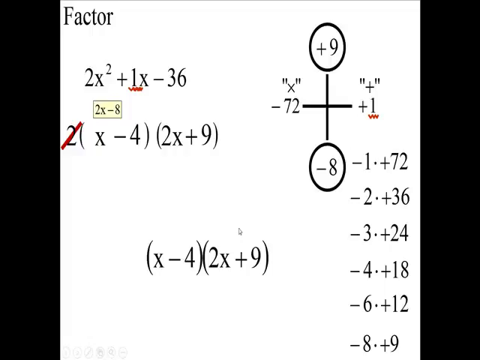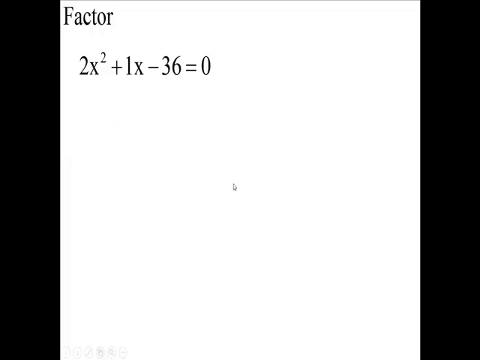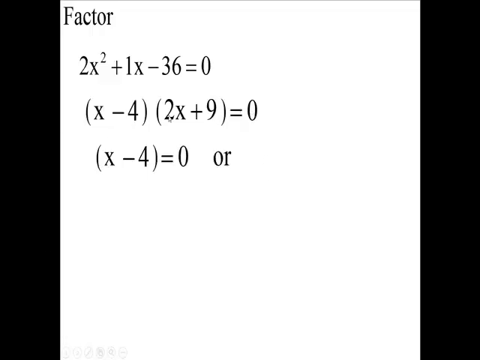You can stop the video if you want to and FOIL that thing. You'll end up with this. The outside terms, 9 times x, there's your 9x, and negative 4 times 2, negative 8x. 9x minus 8x is your 1x. Now we know this equals 0, so the product of these two factors is 0. That tells me either x minus 4 is 0 or 2x plus 9 is 0.